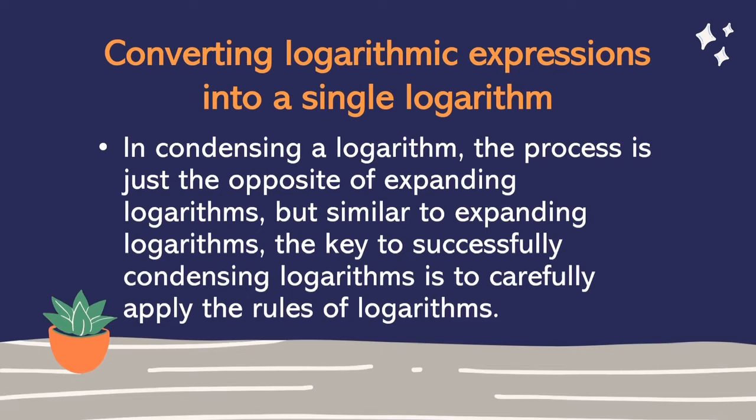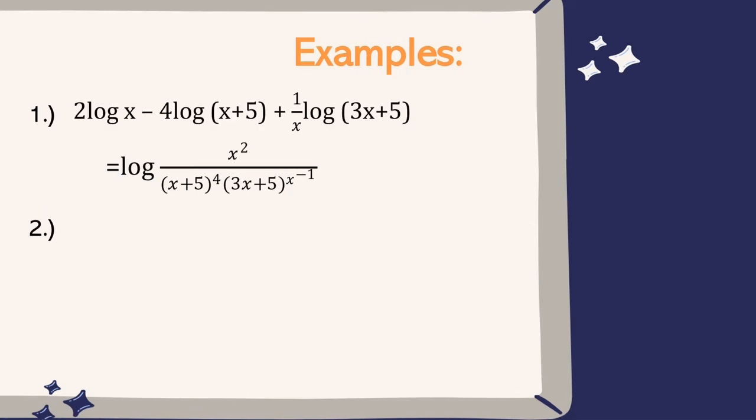The key to successfully condensing logarithms is to carefully apply the rules of logarithms. For our first example, let us try to condense the expression 2 log x minus 4 log (x plus 5) plus 1 over x log (3x plus 5) into a single logarithm.